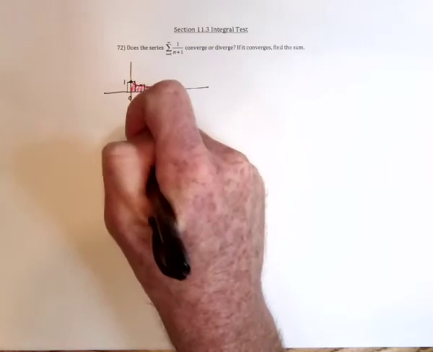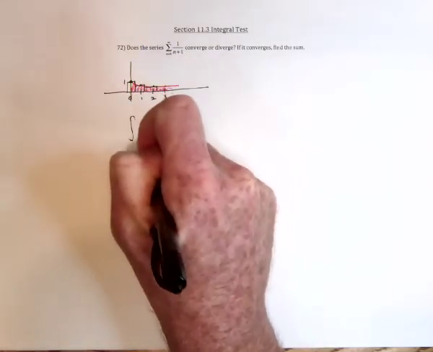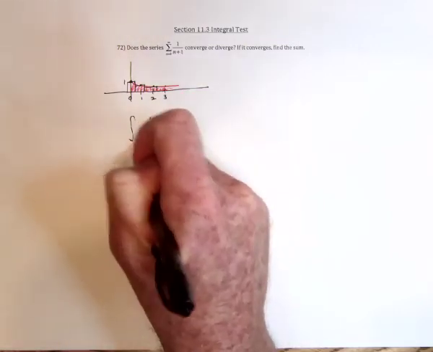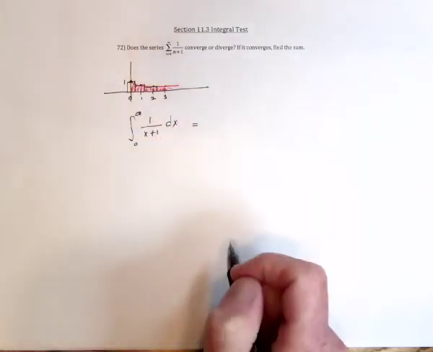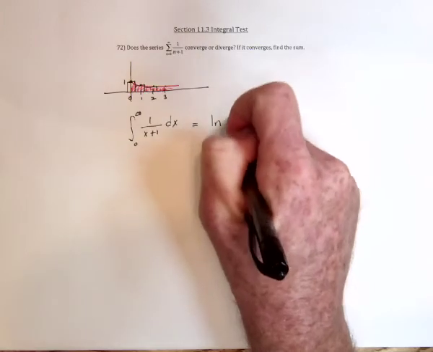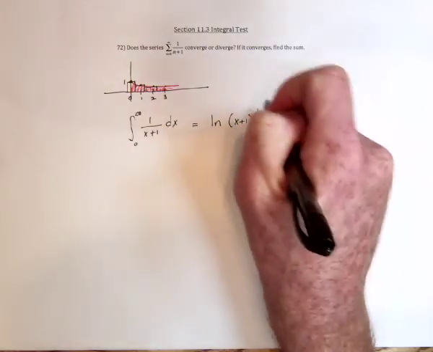So we just integrate, and you could use n if you want to. I'm going to use x. So add up as x goes from 0 to infinity. And then this is much like 1 over x. It's going to be natural log, but it'll be a natural log of x plus 1, evaluated 0 to infinity.